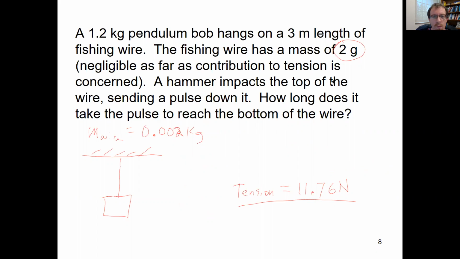And now we're going to pull out our equation for the speed of a wave on a string. v is equal to the root of tension over the linear mass density of the string, and plug in my values.